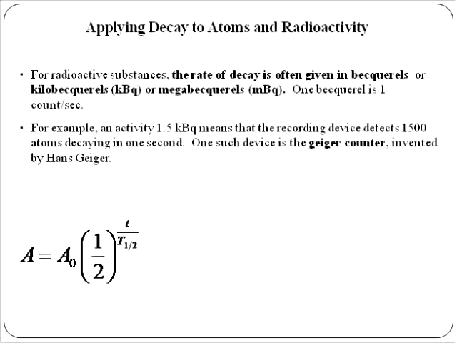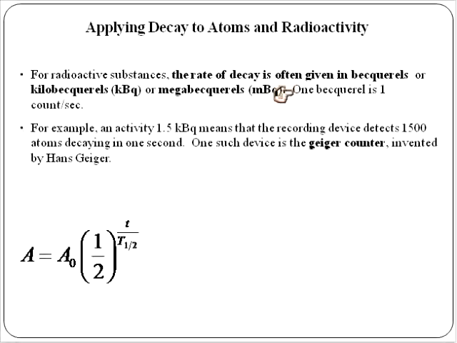All right, how do we apply that to radioactivity? Well, like I said, you can have a mass, a number of nuclei, a percentage, or the rate of decay, which is usually given in becquerels, or Bq for short. It can also be kilobecquerels, megabecquerels, but a becquerel means 1 count per second.